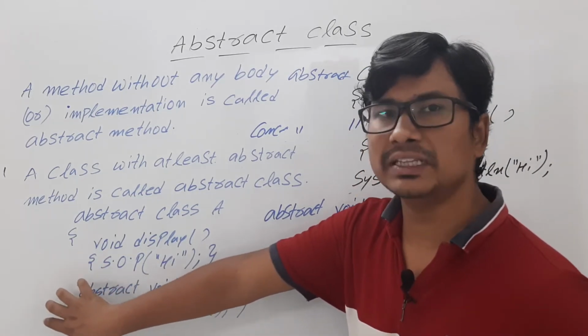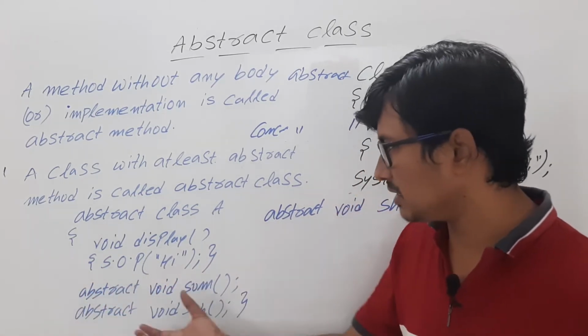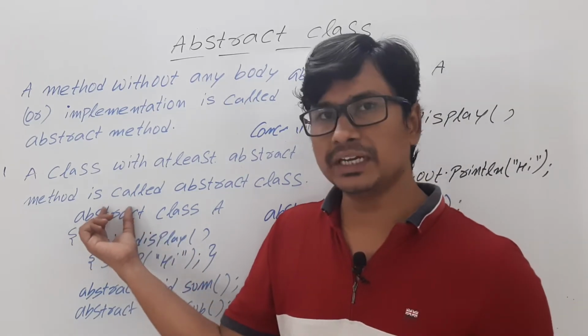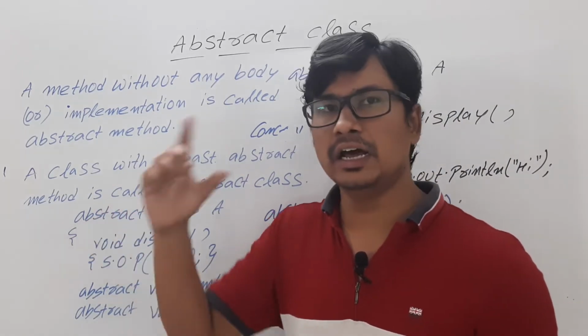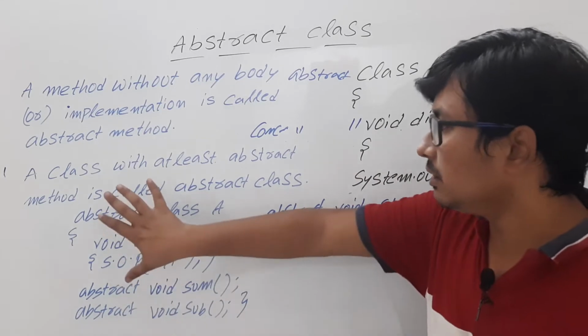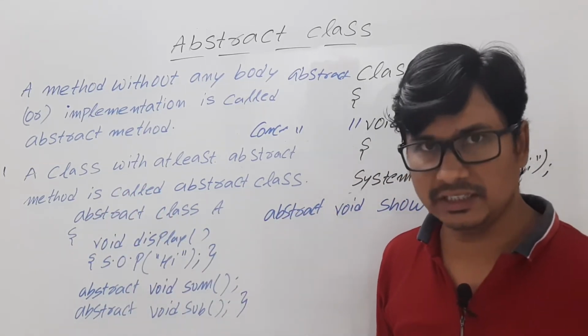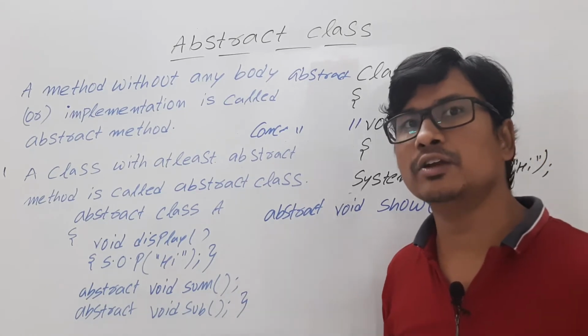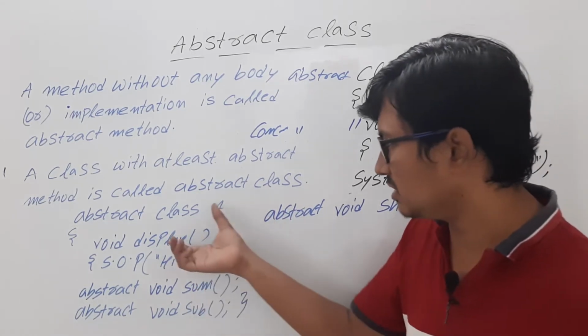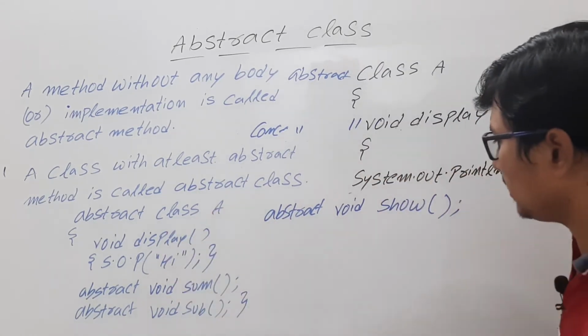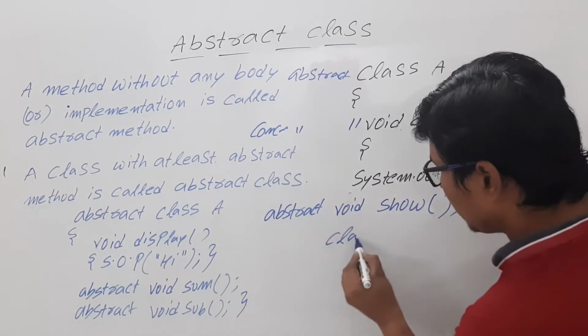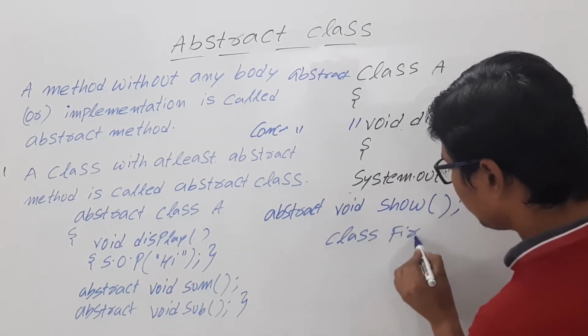As one or more abstract methods are there, you need to make this class an abstract class. Remember one important point: for abstract classes, you cannot create an object. If you are trying to create an object in the driver class for this class A, let me take a driver class or main class called First.